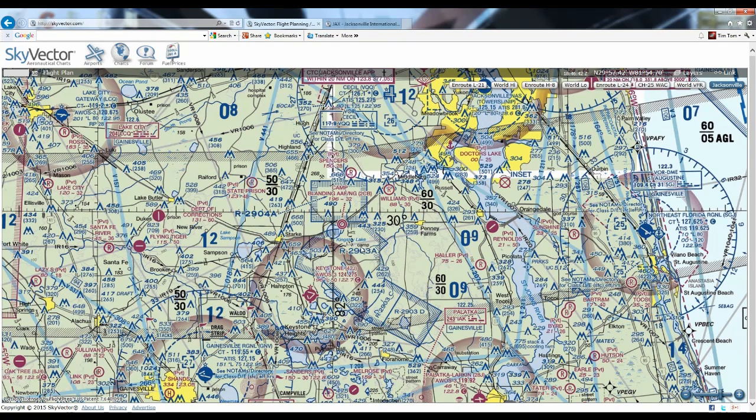Could we go through R2903 Alpha? And they'll check and they'll say, yeah, you can go through it. There's nothing going on today. And just like that, the restricted airspace essentially went away because we can go through it because we talked to the controlling agency first and we got permission. So yeah, restricted airspace, you cannot fly there unless you have permission or if the airspace is not hot.